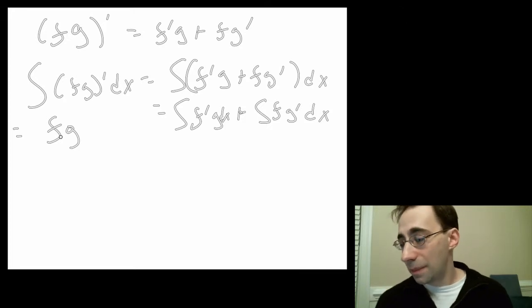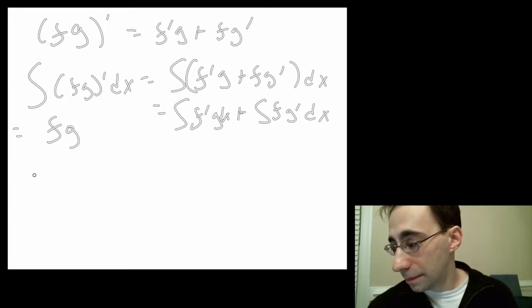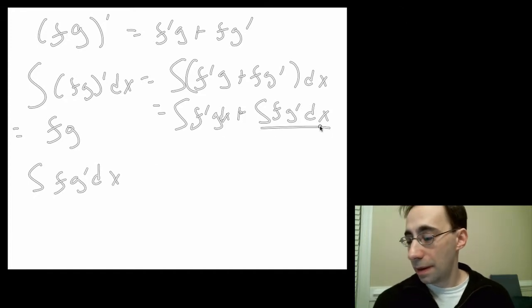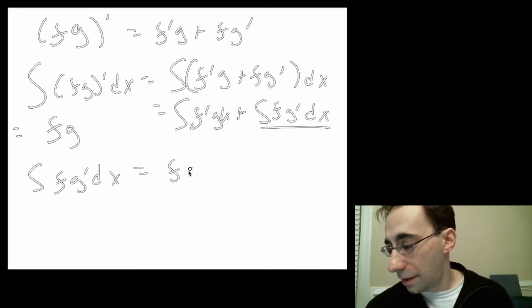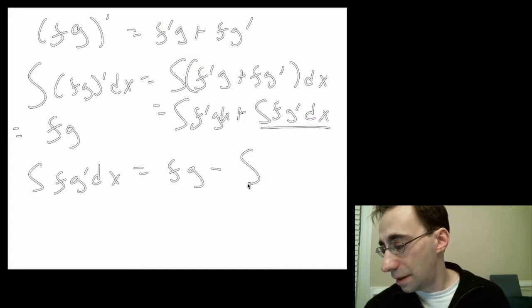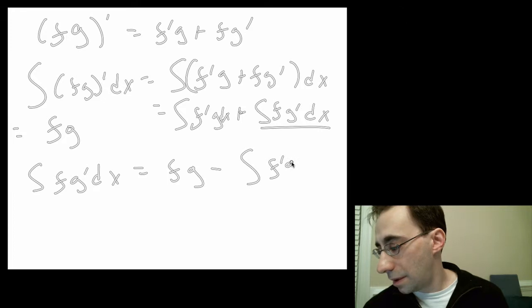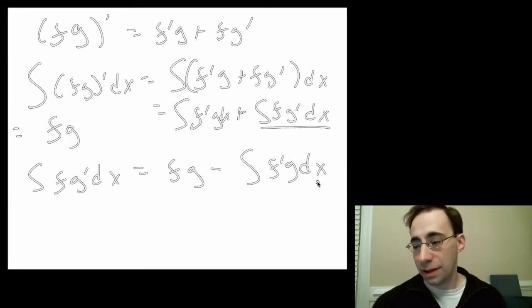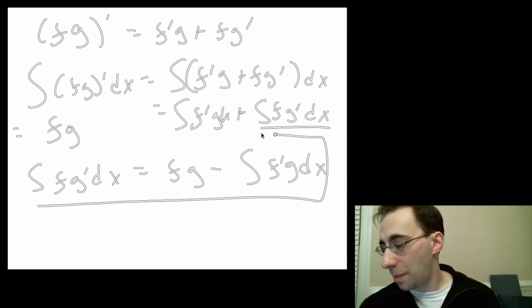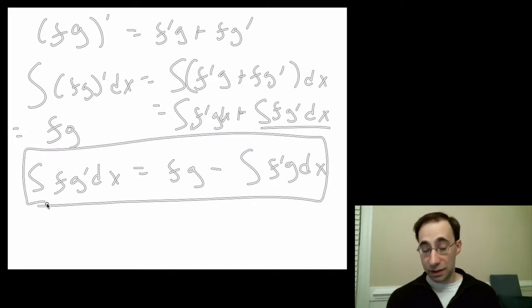We rearrange, and we put this on one side, so that's this term, and that's going to equal f g minus the integral of f prime g dx. And there is the integration by parts rule right there. That was it.